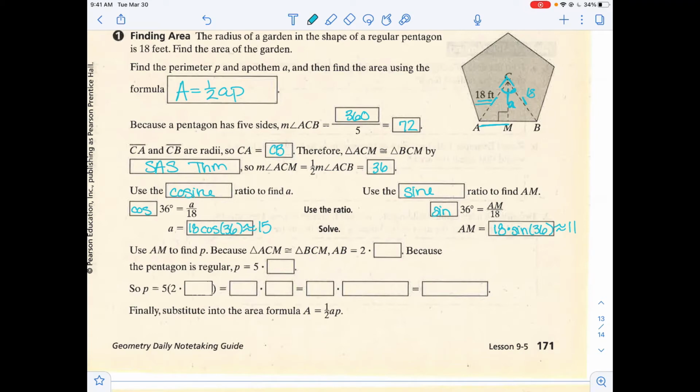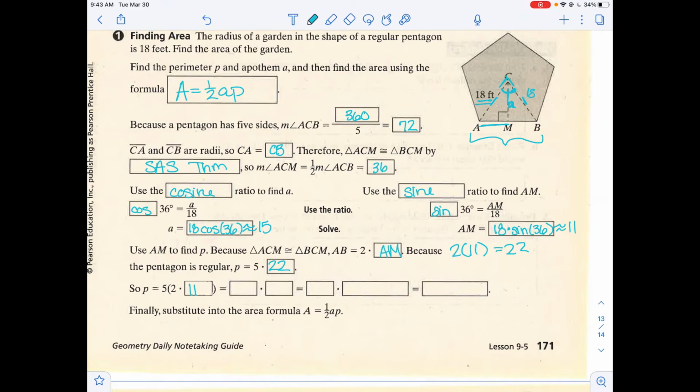Okay, to use AM to find the perimeter, so we know ACM and BCM are congruent, so AB is just 2 times AM. And AM we got was 11, so we need to do 2 times 11, which is 22, and so then we're going to do 5 times 22.